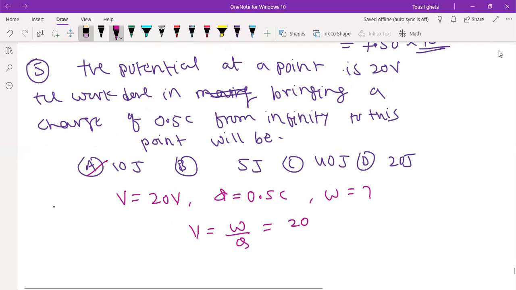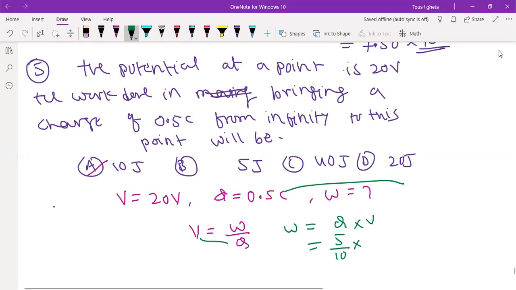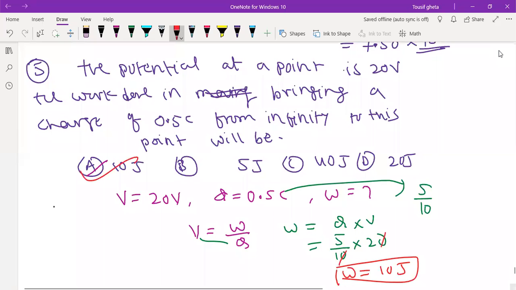Cross multiply. We will get W is equal to Q into V. 0.5 I can write as 5 by 10, correct? Now if you want 0.5 also okay, into 20. So this 0 and this 0 cancel, 5 twos are 10 joule. So this is what W is. Correct answer is option A.